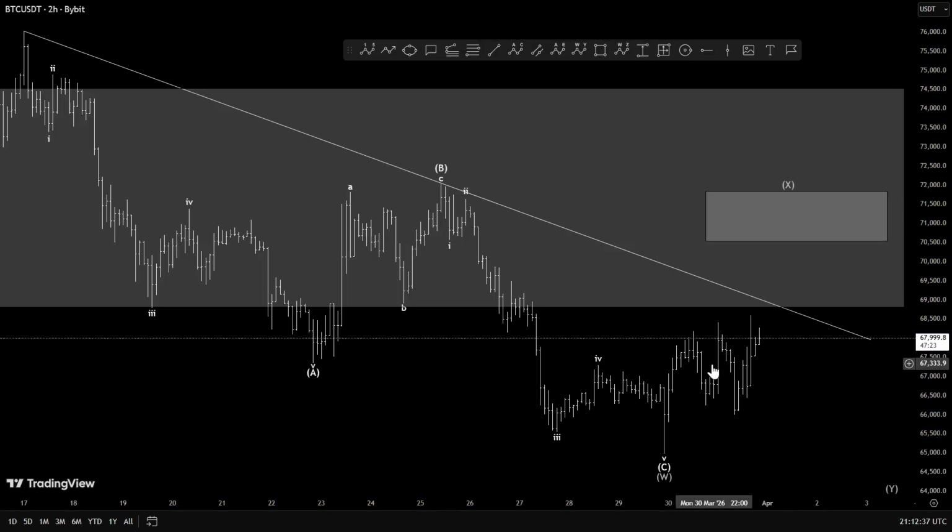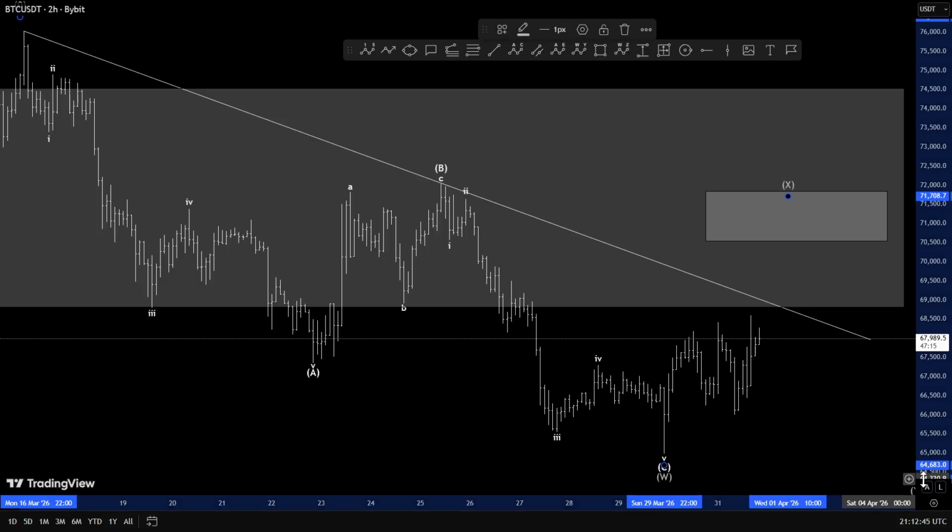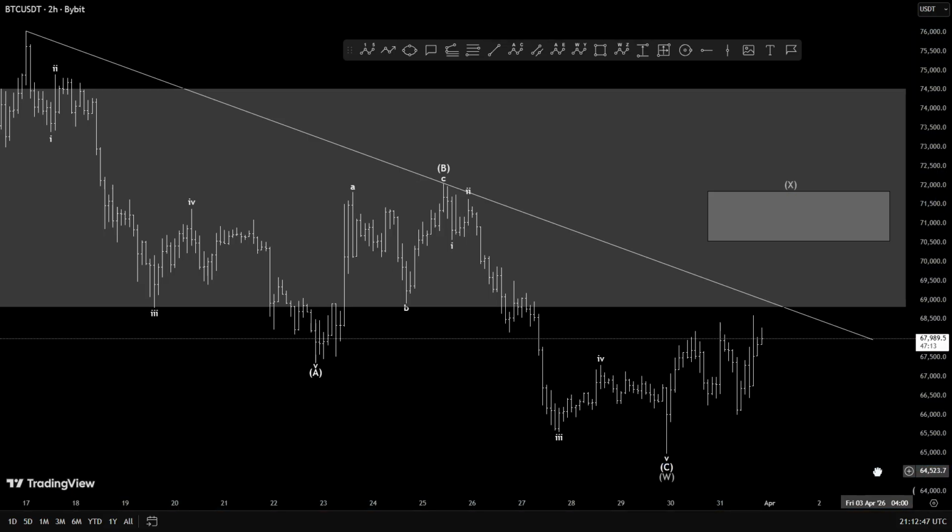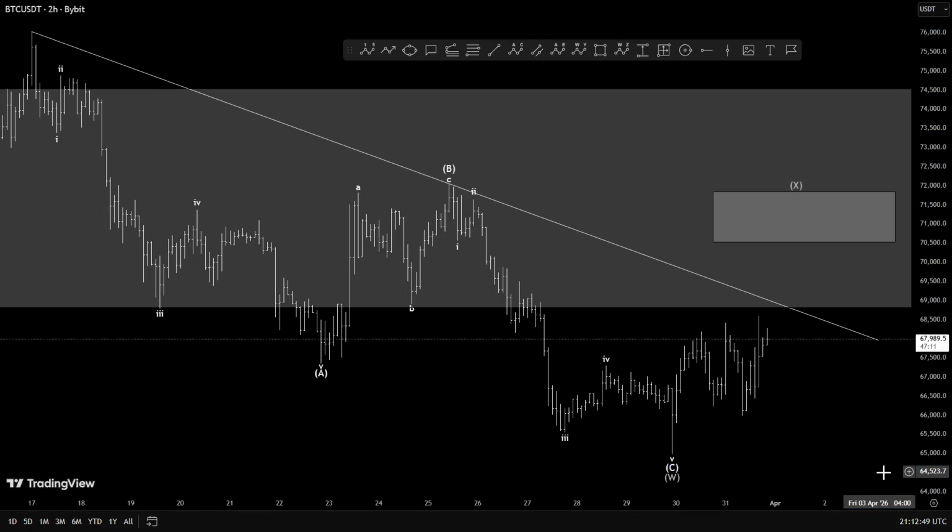And this, after the corrective structure, which is wave X, then we have wave Y. But for now, let's just take wave Y out of sight. So we focus on wave X for now.